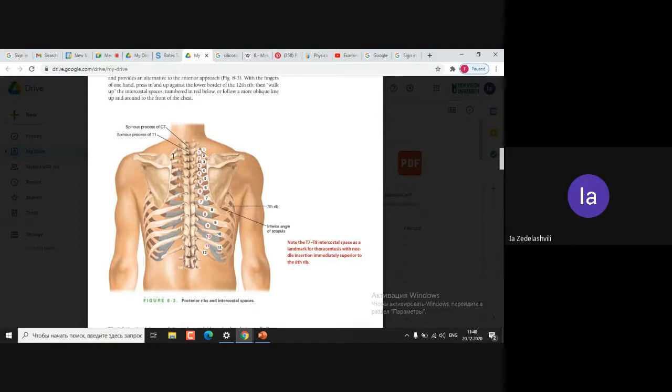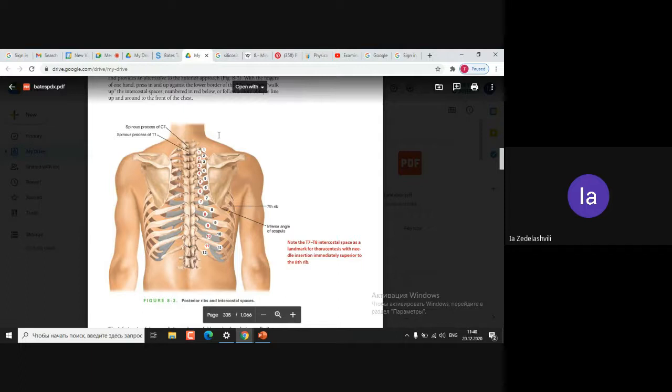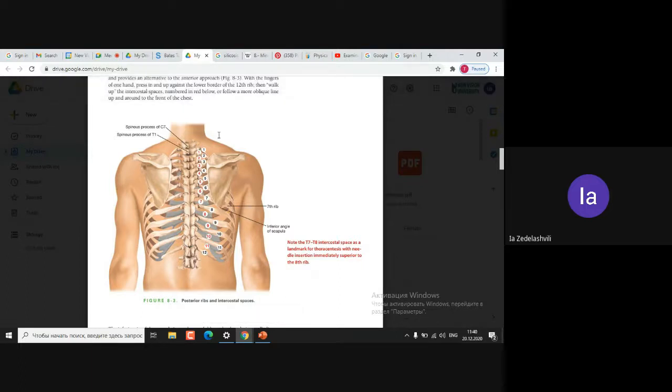So the first rib is connected with this first thoracic process. Below the first rib will be the first intercostal space. So somehow we can understand where it is. Once again, from the anterior part, it's the clavicle. The clavicle connects with the mid bone, or sternum.